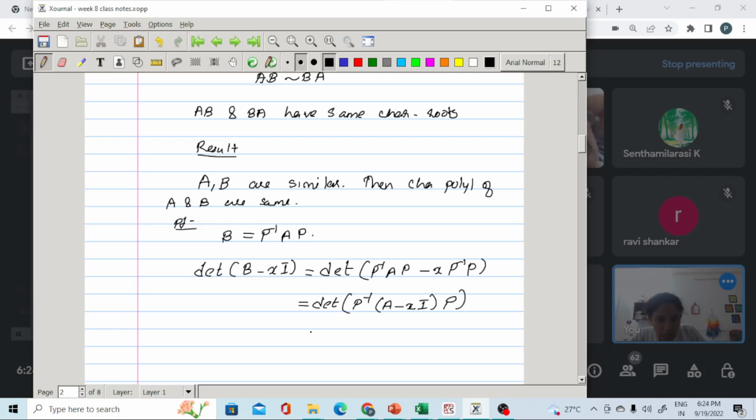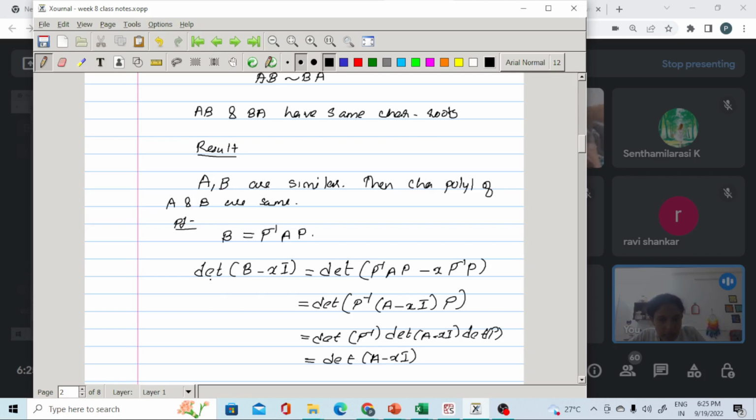Using the property of determinant, I can write it as the determinant of P inverse, the determinant of A minus XI, and the determinant of P. The determinant of P inverse and the determinant of P will cancel because one is the inverse of the other. So this is the determinant of A minus XI. So the determinant of B minus XI and the determinant of A minus XI are the same.